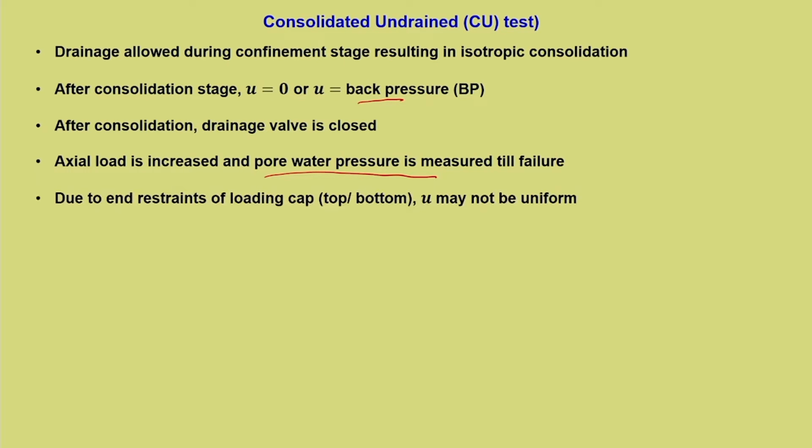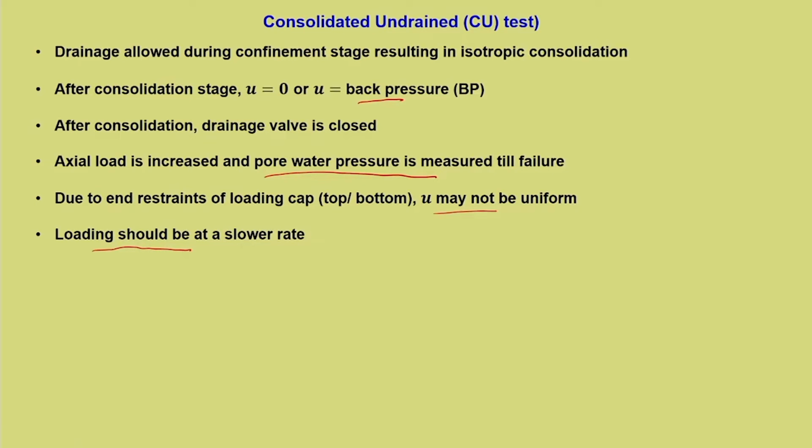Due to end restraints of the loading cap, and as we have already seen in the initial figure there are two loading caps, top and bottom, during the undrained loading, pore water pressure generated may not be uniform within the soil sample. To avoid this non-uniformity, it is ideal to have loading at a slower rate.